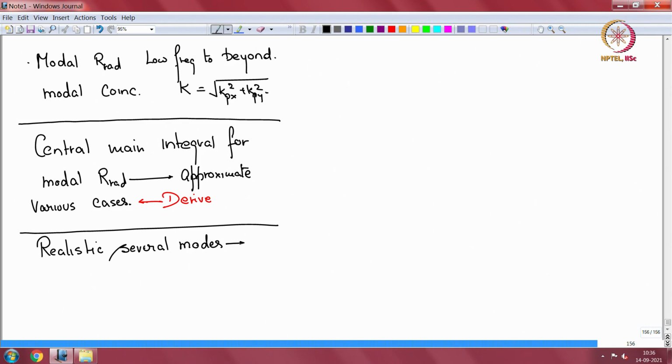So there he computes or presents again a formula for modal averaged radiation resistance. Okay, we will see somewhat of this also later.